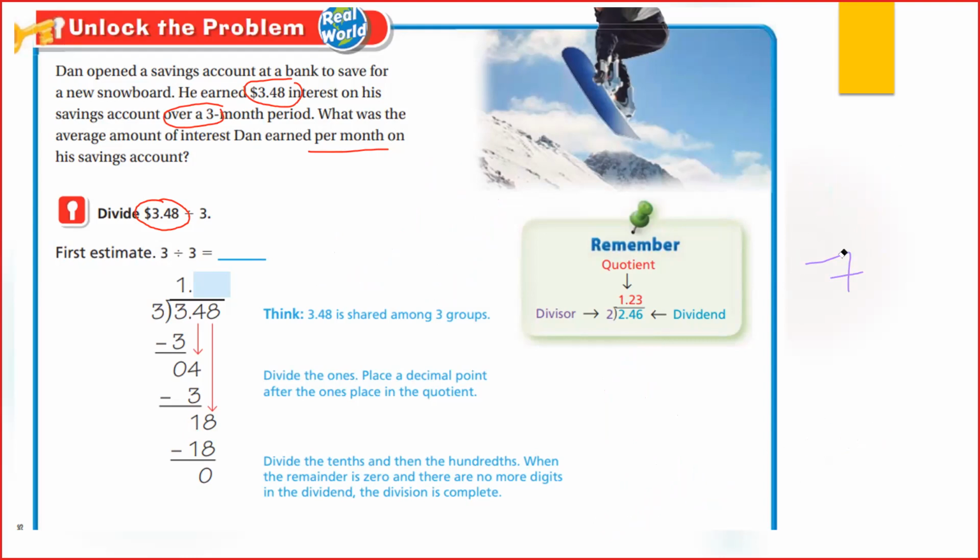Let's go back now to our lesson. So now here, what do we have? We have 3.48. I underline the number 3. Now, what's the number before 3? 4. Can 4 give a 3?